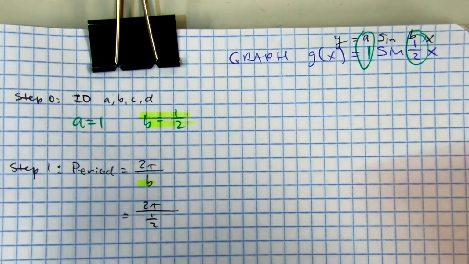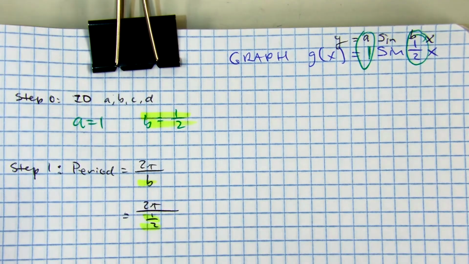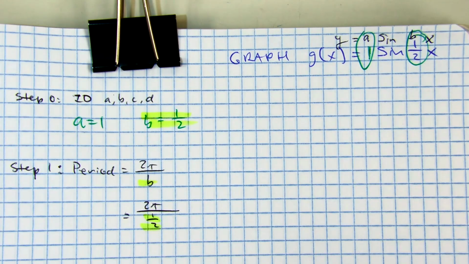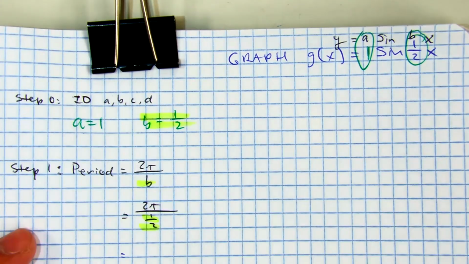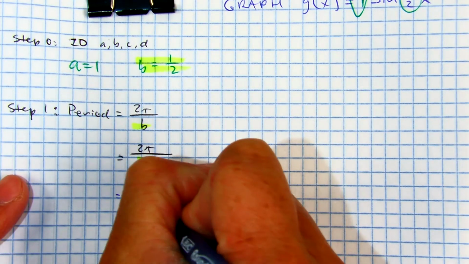There's my 1/2, right? Don't touch it, just turn it horizontal. Two pi divided by 1/2.